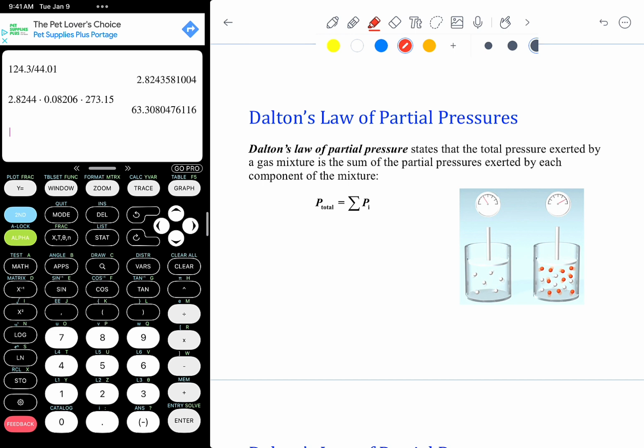So we have an equation here, P total, which is the total pressure, equals the sum, this is a sum sign for those who don't know, of the individual partial pressures.